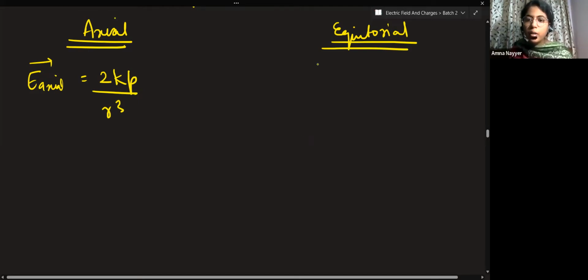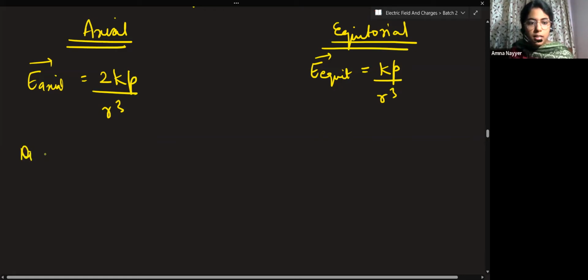If you have equatorial point, the electric field at the equatorial will be kp divided by r cube. This will be your equatorial point. So axial point is this, equatorial point is this.